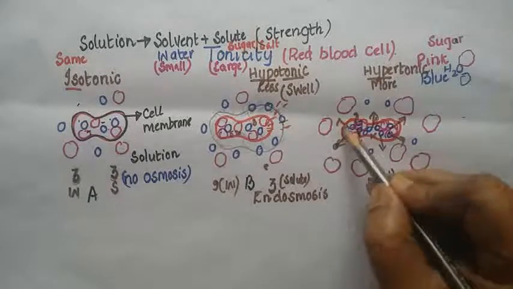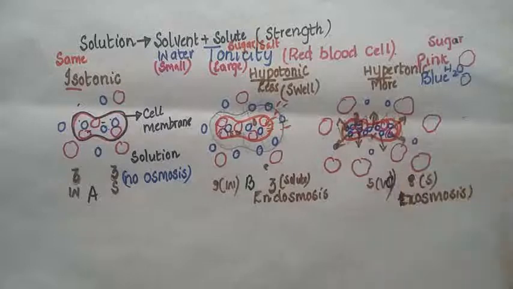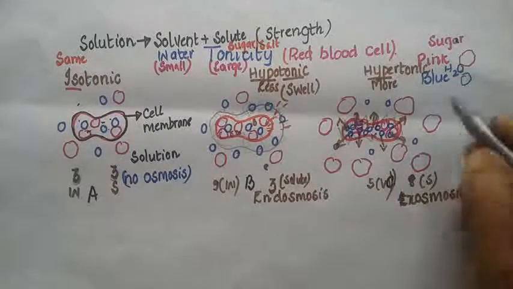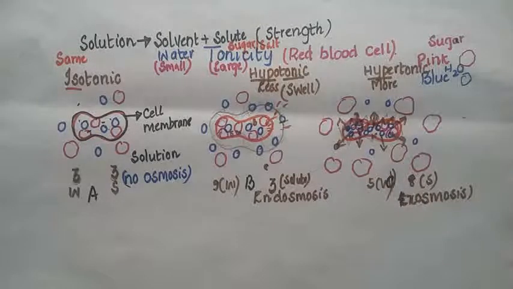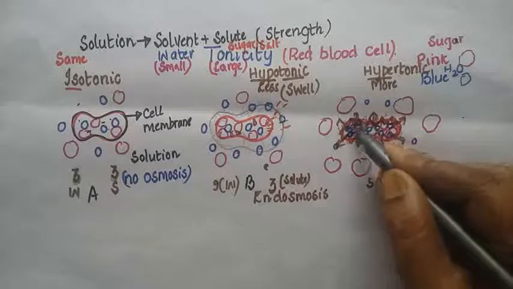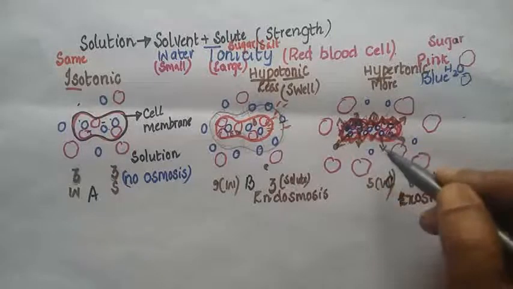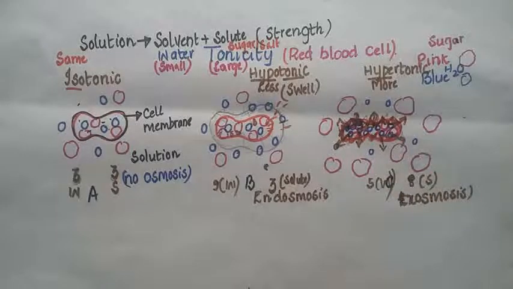The RBC will lose its shape. It becomes highly irregular. It shrinks by the loss of water through the cell membrane into the surrounding solution, where the RBC loses its biconcave shape. It becomes a shapeless RBC.